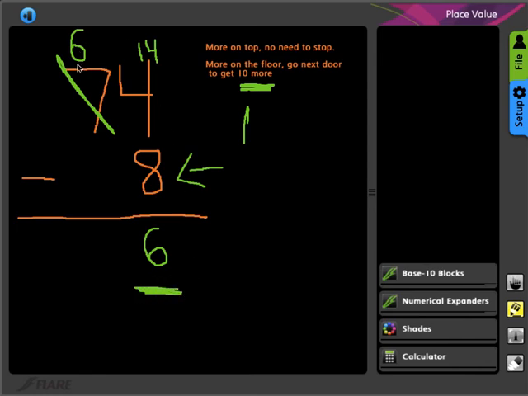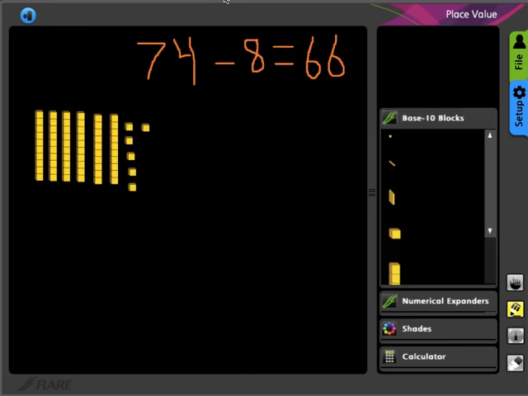Now we still need to go over to our tens though. 6 tens take away nothing. There's no number in our tens place here. 6 take away nothing is 6. 74 take away 8 is 66. Same thing we got right here, right?